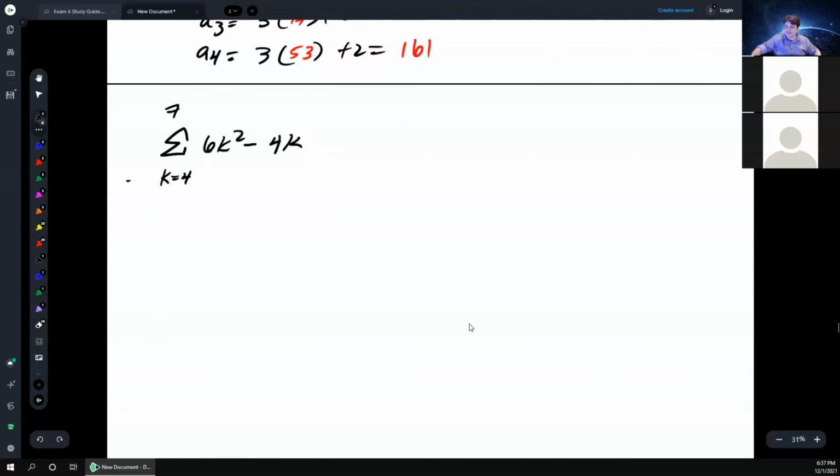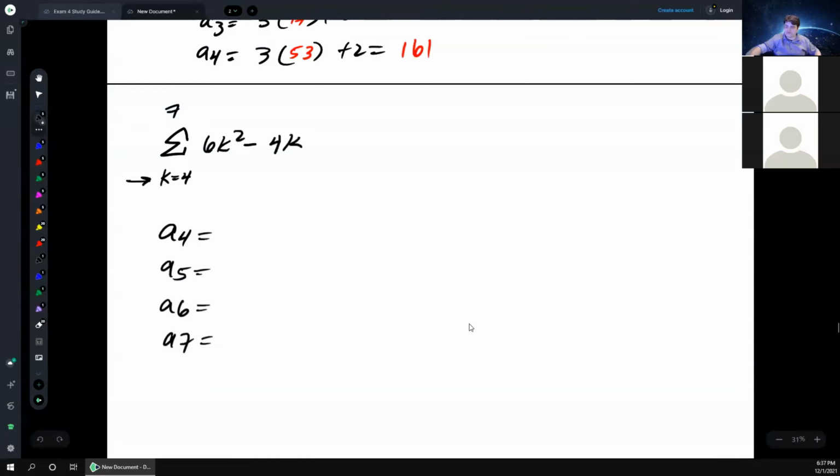So remember what this says. This tells us that we're starting off at the 4th term, and we're going up to the 7th term. So we need a4, a5, a6, and a7. We're going to find out what these terms are, and then once we find them, we're going to add them all up.